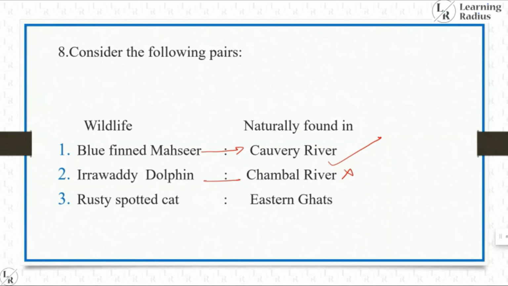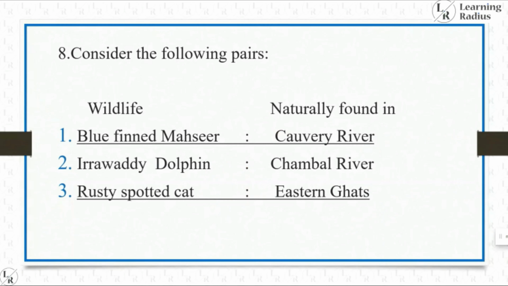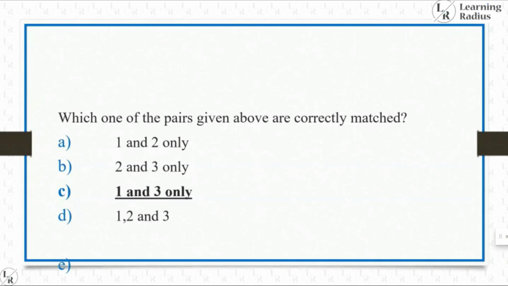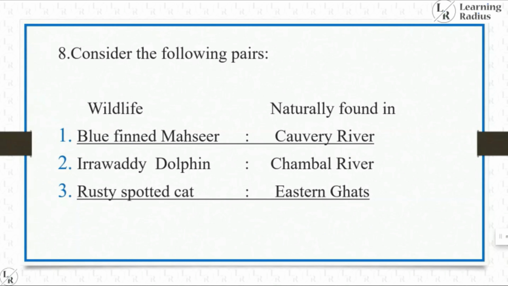Rusty spotted cat is with Eastern Ghats, that is right. So 1 is right, 3 is right and 2 is wrong. From the options we can see it is 1 and 3, that is C. The Irrawaddy dolphin is found in the Bay of Bengal and Southeast Asia, especially the estuaries. So 2 is wrong, and 1 and 3 are right.